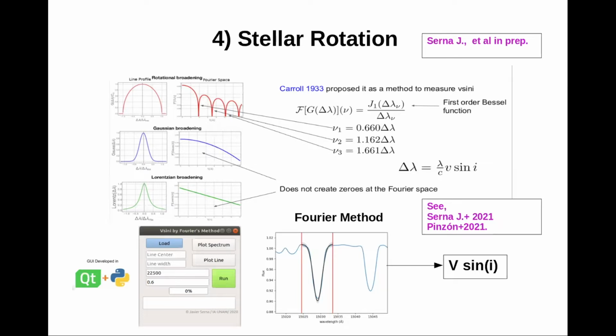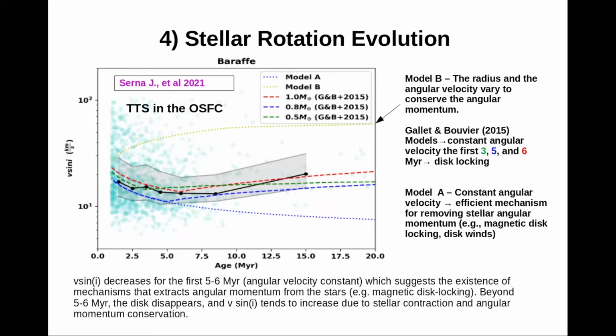So using this kind of measurements, we can study the evolution of stellar rotation as in Serna 2021. So we can see this rotational velocity evolution, in this case of T Tauri stars in the Orion star-forming complex.